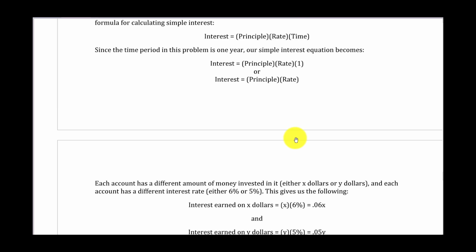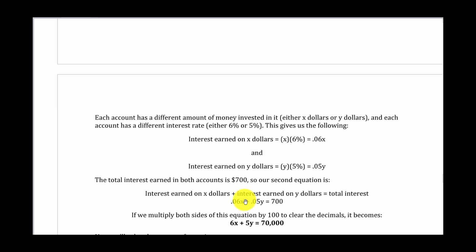Now, for each of them, I can find the interest. For the x dollars, I multiply the principal amount of money, x dollars, by the rate, and the rate here is 6%, which is 0.06. The interest earned on the y dollars is y times 5%, the principal amount of money times the rate, and also times the years in both equations.